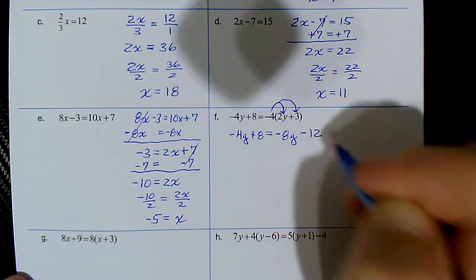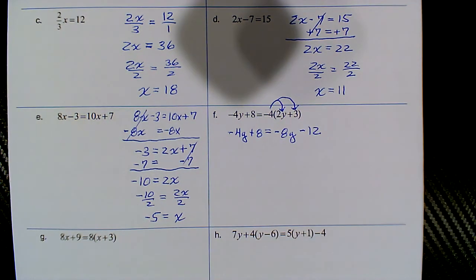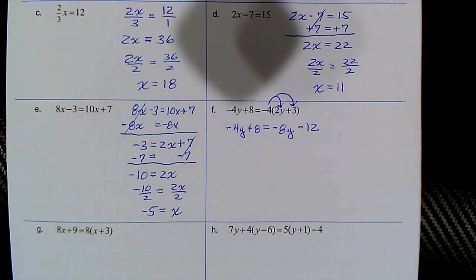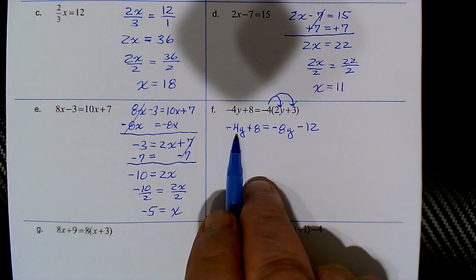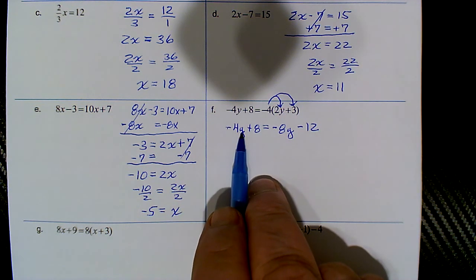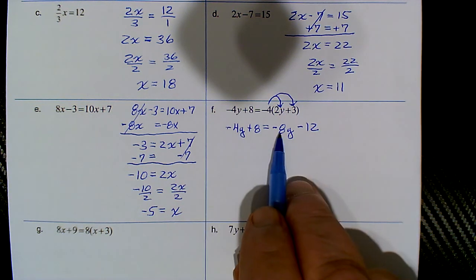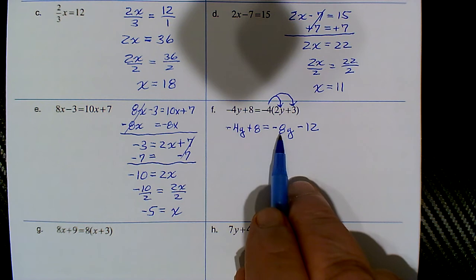And now we have a situation just like letter E, where we have the variable on both sides of the equation. We have to decide to bring the variable to one side, and in this case, the coefficient -4 of the variable y on the left-hand side is greater than the coefficient of -8.